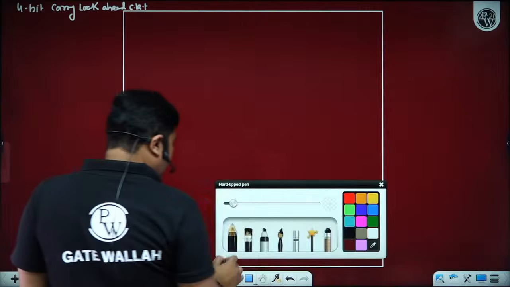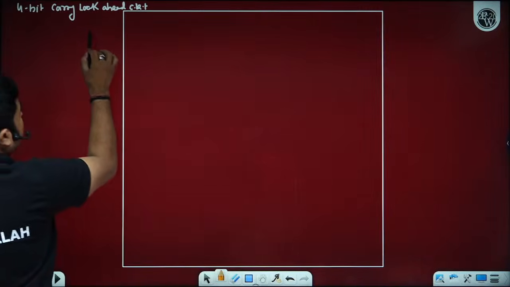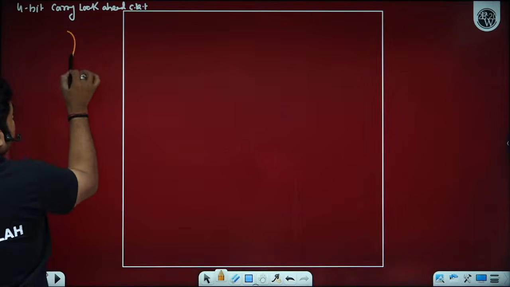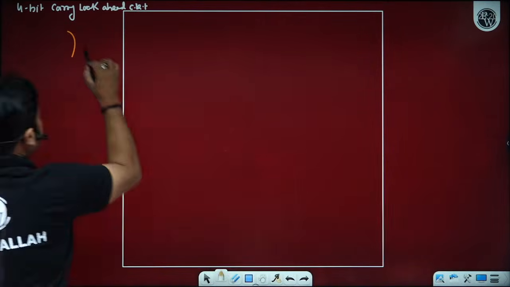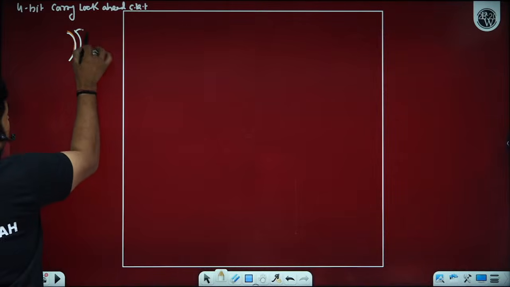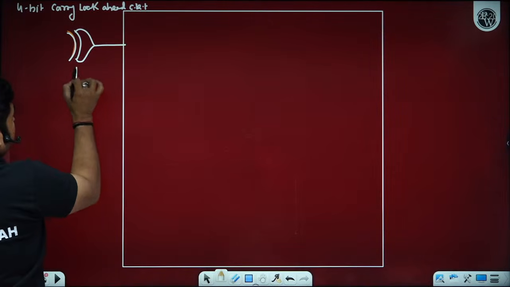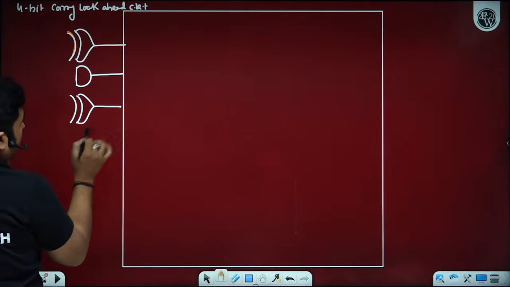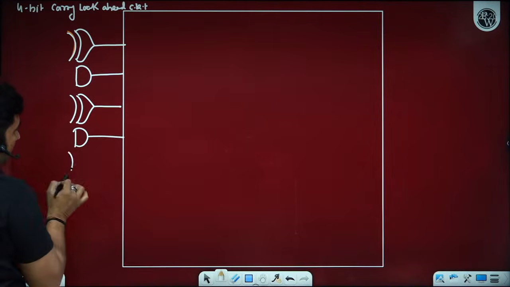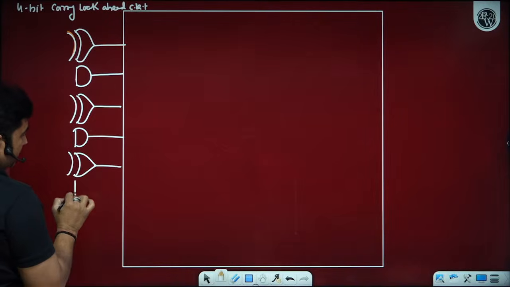If we talk about the 4-bit carry look ahead circuit, then first of all we need generating and propagating terms. To propagate we need an XOR gate. To generate we need an AND gate. For 4-bit we need 4 XOR and AND gate combinations.